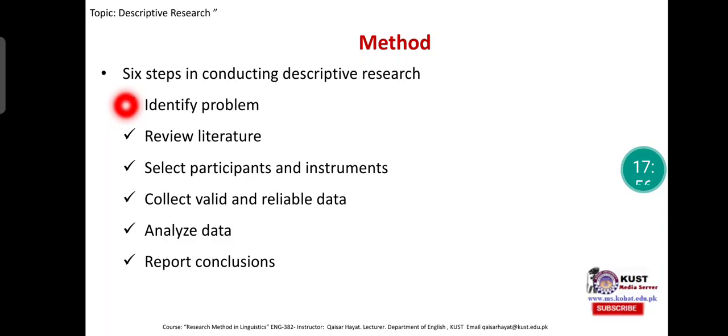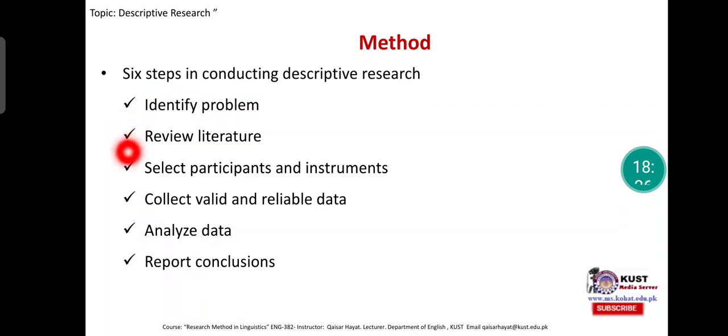It would fix your direction, where you would go. It would fix your field where you would carry out your studies. It would fix your circle where you have to work as a researcher. So in descriptive research too, first of all, you have to identify the problem.